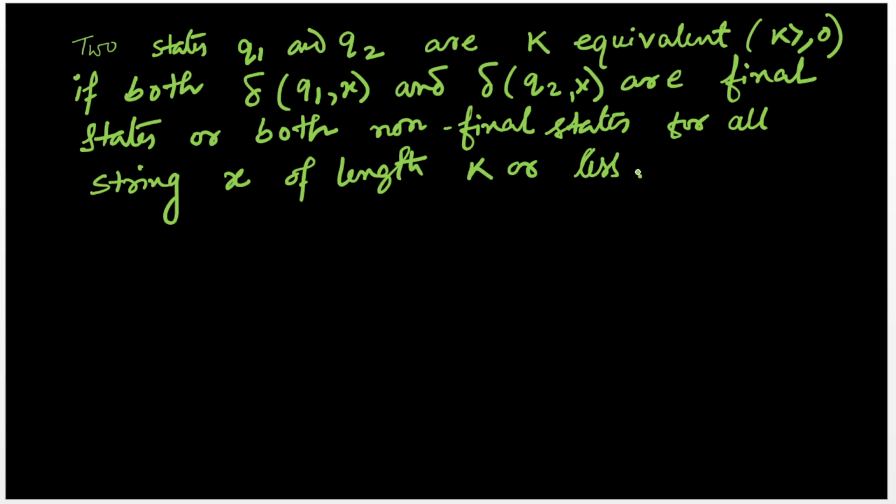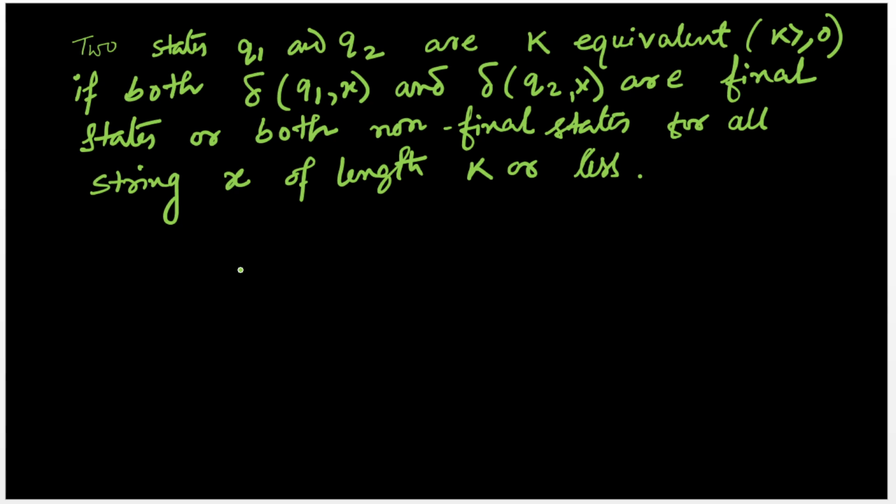Now the relations that we have defined, that is the equivalence and the k equivalence, are equivalence relations. That means they are reflexive, symmetric, as well as transitive. We use this while we try to minimize the finite automata.